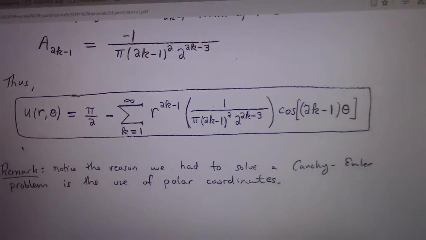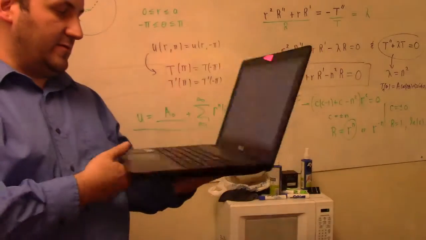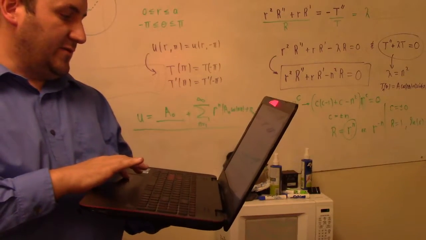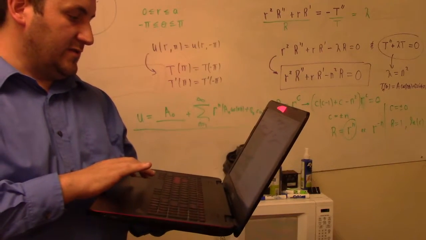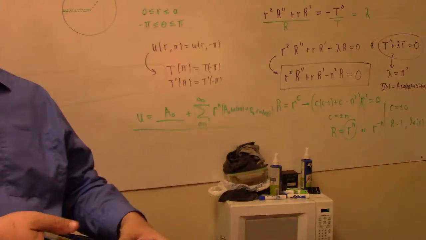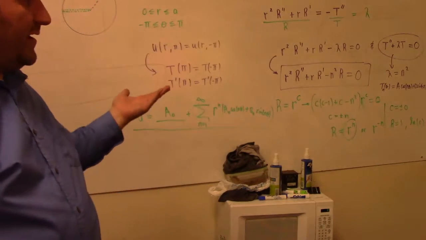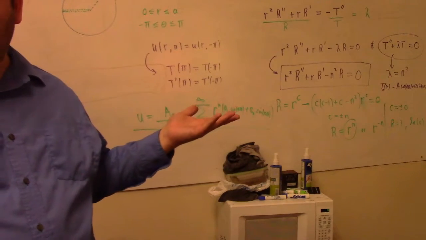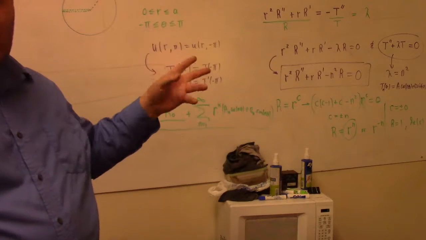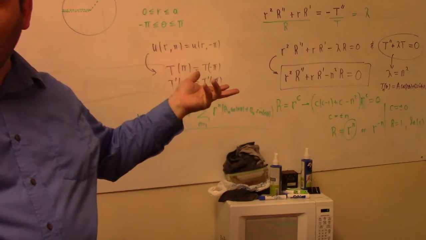But this technique we just ran through, for circular domains, you can change to polar coordinates. When you do, the Laplace equation gives you a Cauchy-Euler equation in the radial separated solution, and then periodic, sinusoidal solutions in the angle.